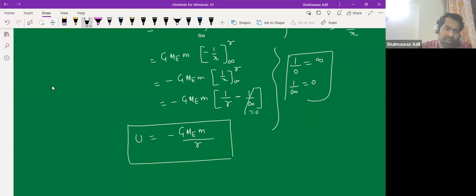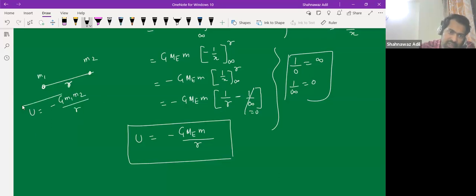If we have two masses, M1, M2, and the separation is R, then the gravitational potential energy would simply be minus G M1 M2 by R. That is the gravitational potential energy.